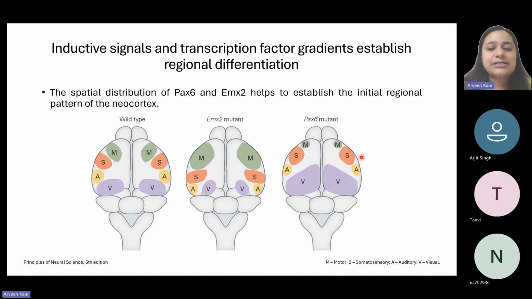But now PAX6 is not present, so this gradient will still function, and this visual cortex area you can see has now widened so much. The auditory area has moved further upwards, the motor cortex has shrunken a great deal, and the somatosensory area has also shifted up, right? So these kinds of gradients are actually essential for the proper patterning and proper region-specific differentiation of the brain.